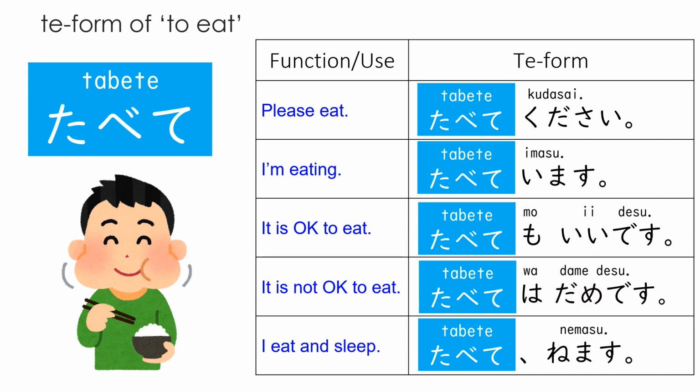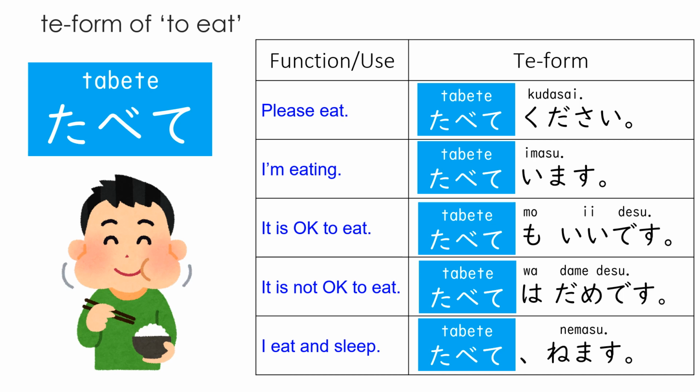Okay, now your turn. Please have a go. And what is please eat in Japanese? Right. 食べてください。Okay, next one. I'm eating. Right. 食べています。Next one. It is okay to eat.